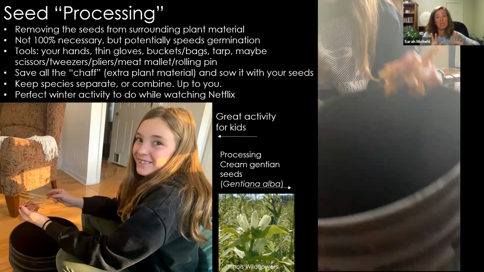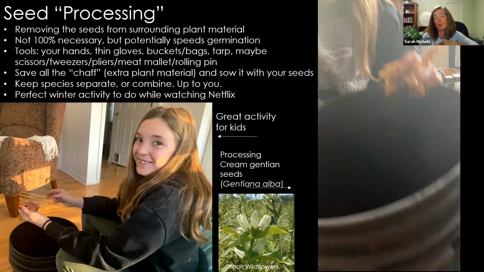This is where you're using all different materials. You can use pliers to rip apart those coneflowers, or you can stomp on those coneflowers. I pretty much just use my hands or pliers.